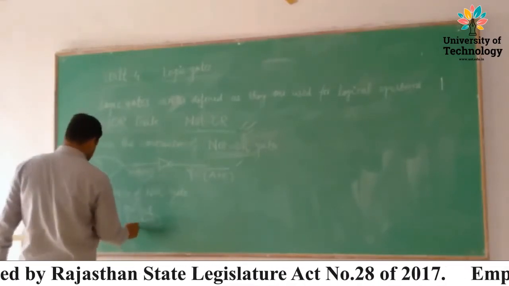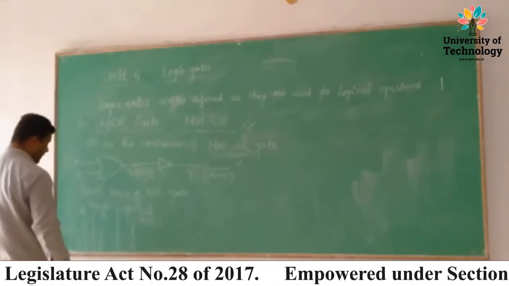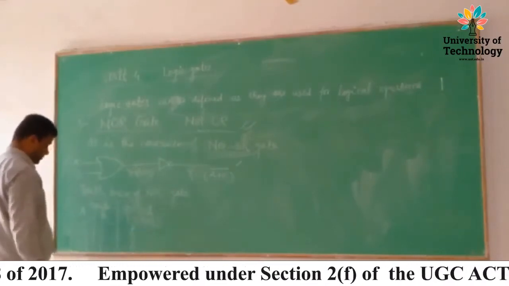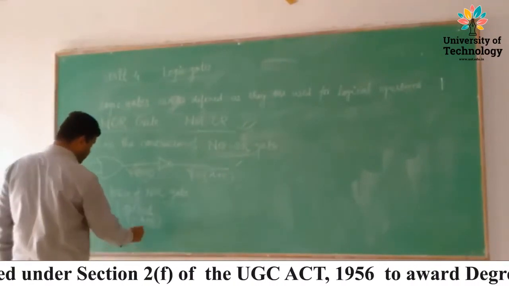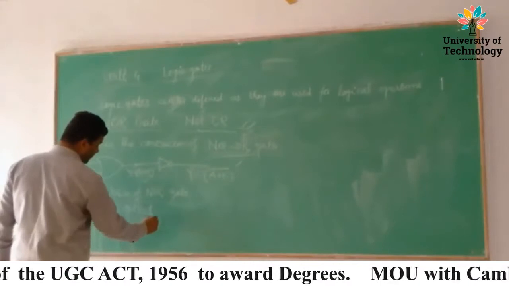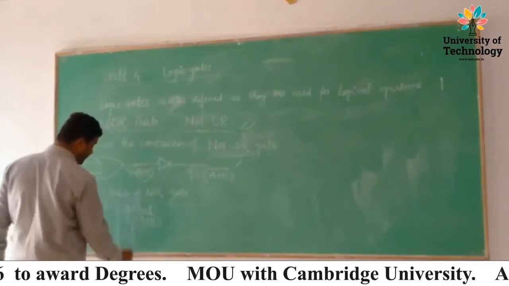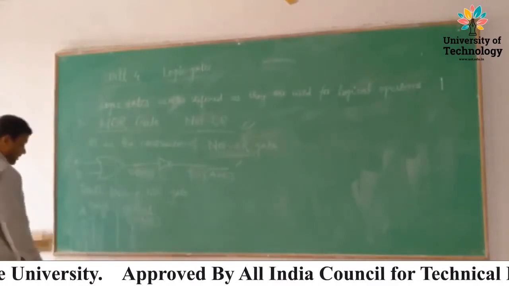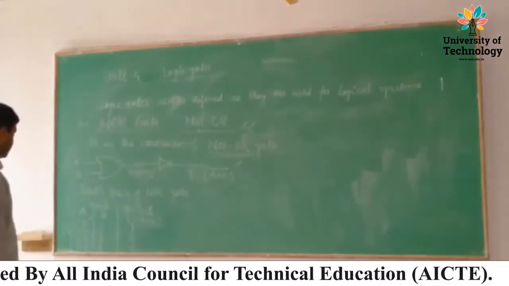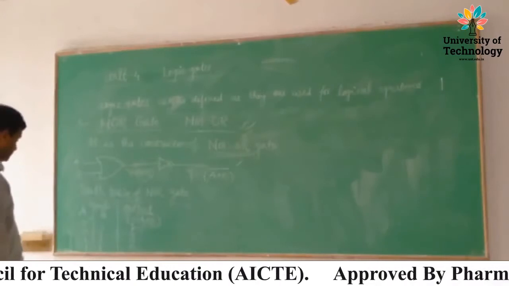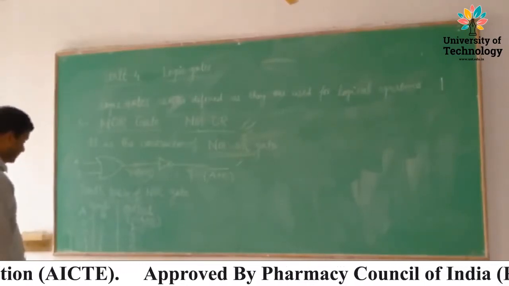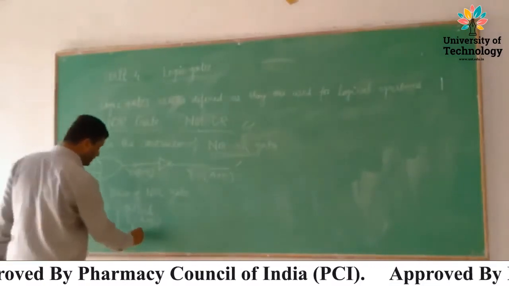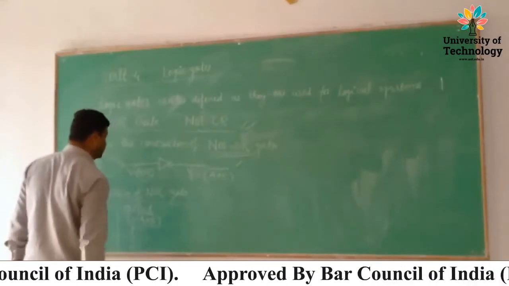Means when input A and input B both are low, then we will get high value, that is 1. And in other three cases where inputs are combined as 0 1, 1 0, 1 1, we will always get low values of signals.